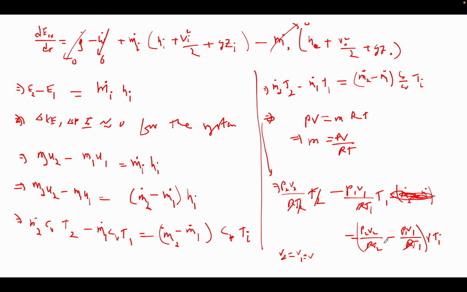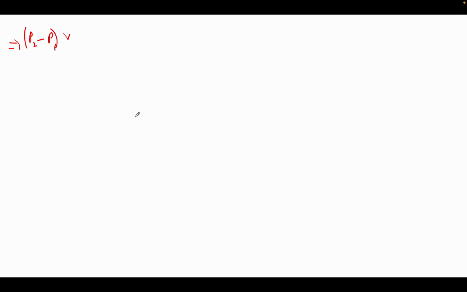It will remain as (P2 minus P1) times V equal to (P2 by T2 minus P1 by T1) times V times gamma times T_i. This V is also getting cancelled.